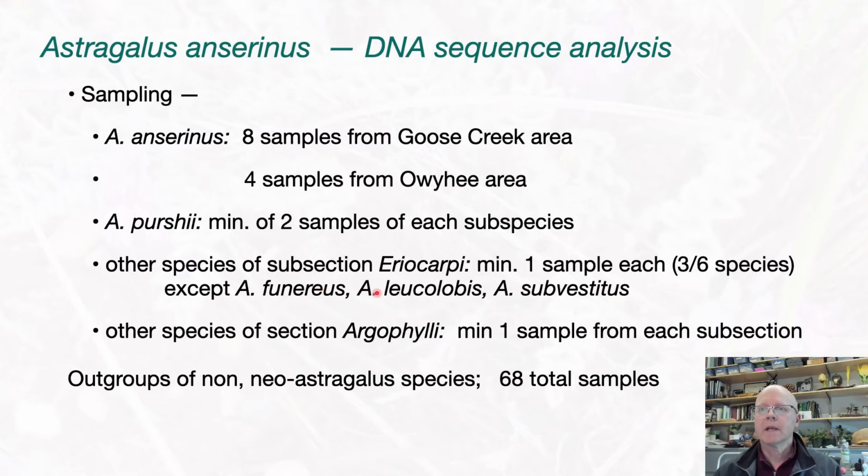We plan on obtaining fresh tissue for these species and can add them into our analysis. And then we looked at least 1 sample of each of the other subsections of section Argophyllae, trying to do our best just to provide a strong phylogenetic context for the results that we have in comparing the samples of Astragalus anserinus.